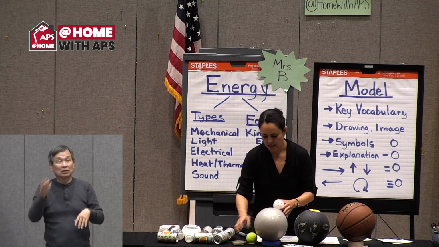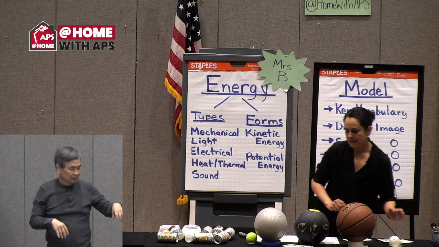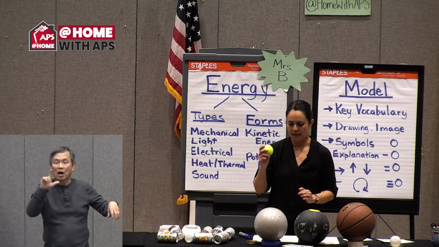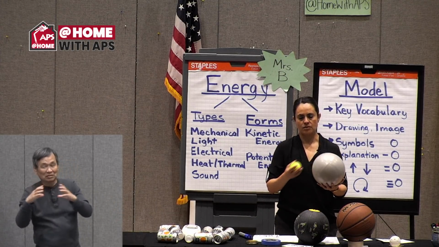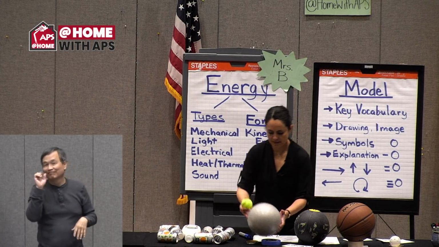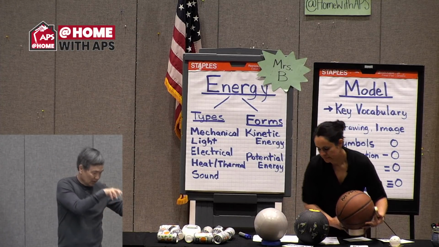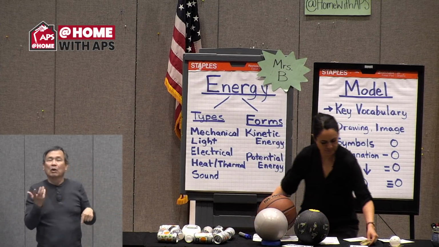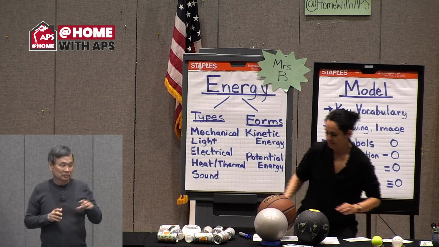This is definitely the lightest object I brought. The next lightest object, I think, is the tennis ball. But I want to double check and compare it against this exercise ball. Definitely, this tennis ball is the next lightest object. So I have my wiffle ball, my tennis ball.